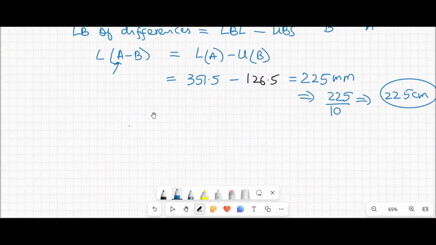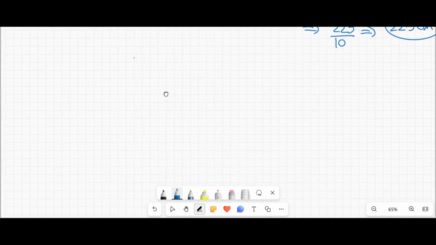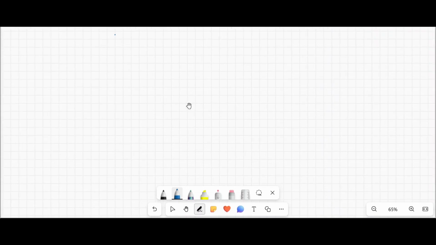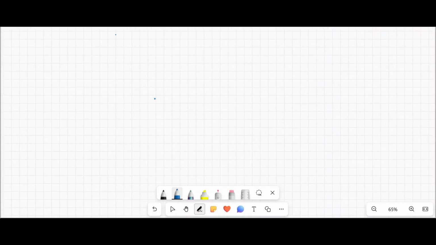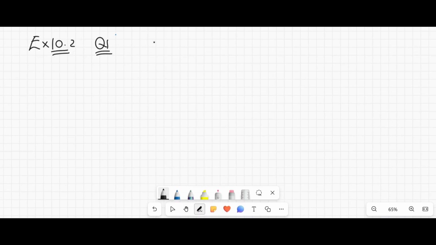So now our next question, exercise question, is about the upper bound of a sum of these measurements. We have exercise 10.2, question number 1.